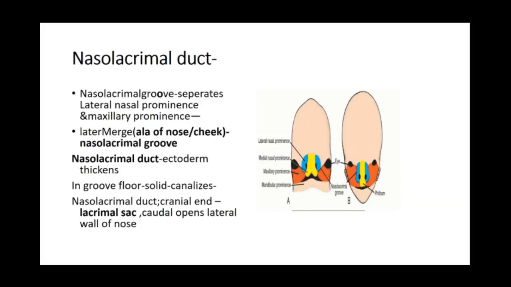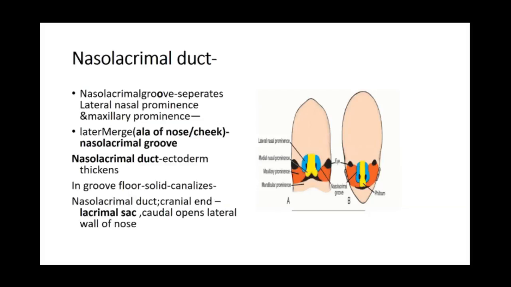This nasolacrimal groove then covers on the top, and in the mesenchymal process you have a solid cord-like structure which is extending from the lateral wall of the nose to the eye. That is what is going to develop into the lacrimal sac. This then closes, separating this mesenchymal rod-like structure which is deeper down in this area, and the surface ectoderm covers the upper portion.